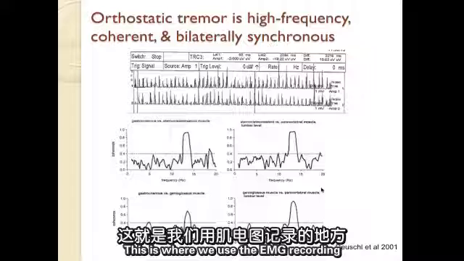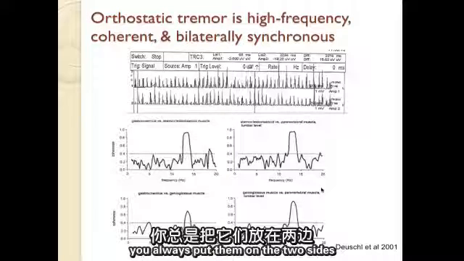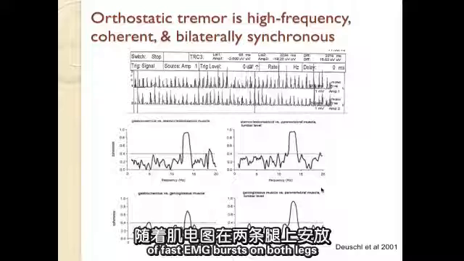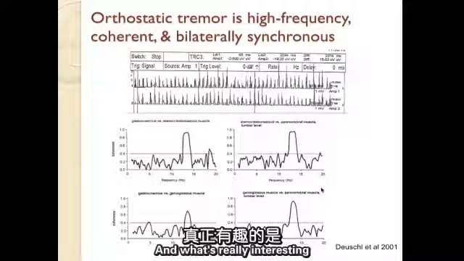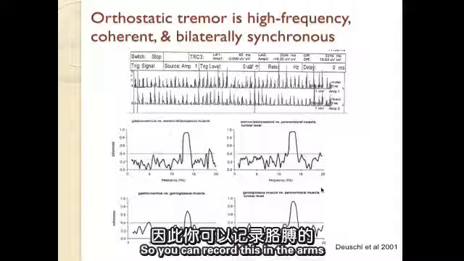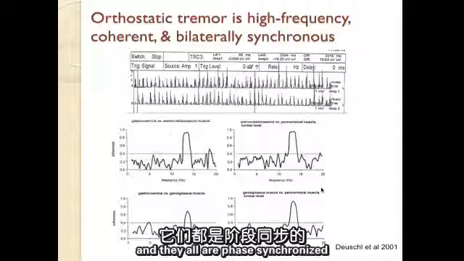And this is where we use the EMG recording. And if you're lucky, you put EMG electrodes on the legs, and you always put them on the two sides. You get this really rapid onset of fast EMG bursts on both legs. And what's really interesting is you can record this throughout the body. So you can record this in the arms, the paraspinal muscles, the sternocleidomastoid muscles, and they all are phase synchronized.